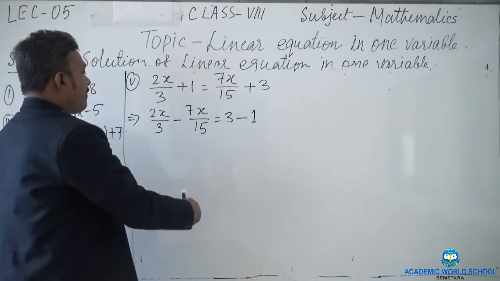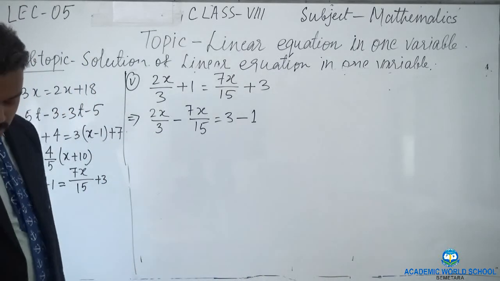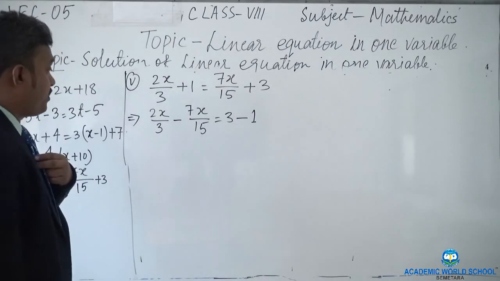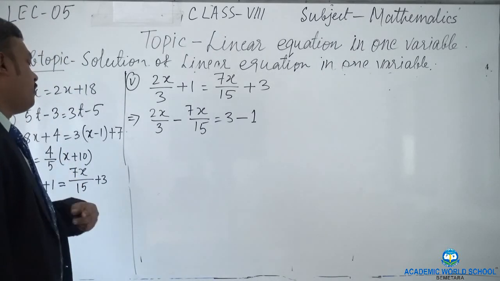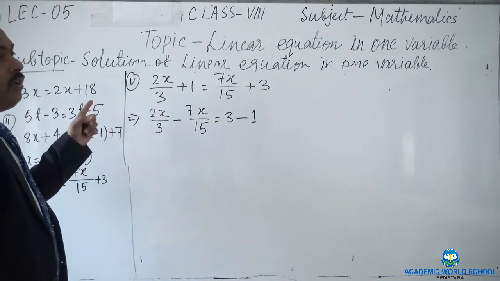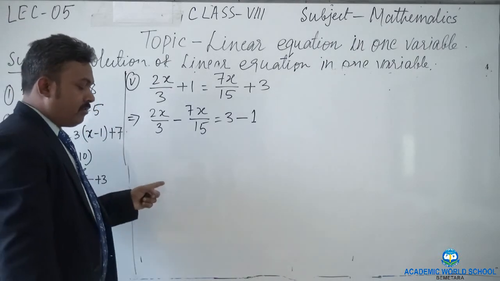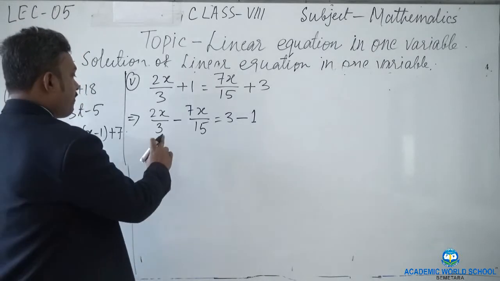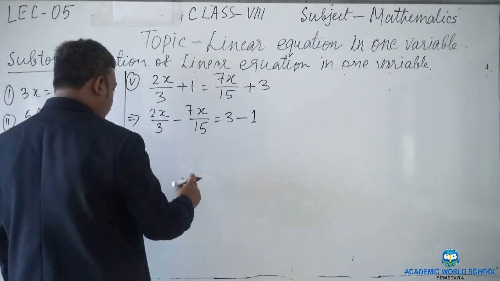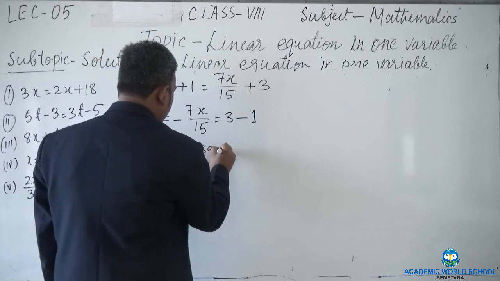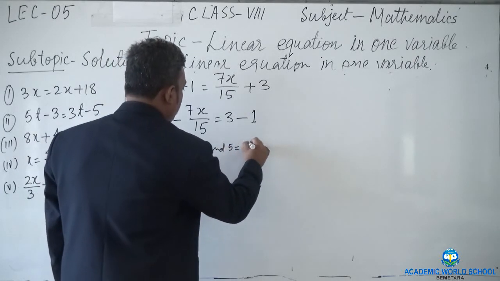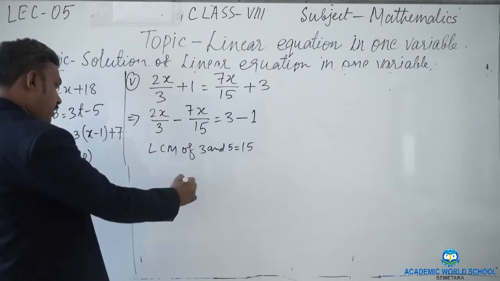Now on the left side, you see that they are in fraction, and we have to subtract them. So we are going to use the method of fractions to subtract them. For that, first we will take the LCM of 3 and 5, which will be 15, right?